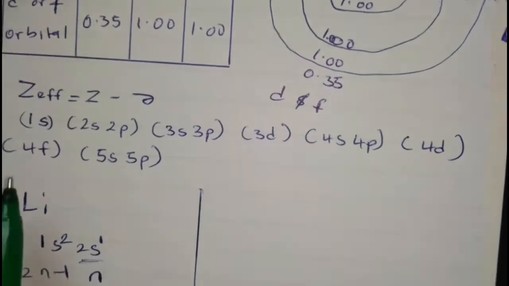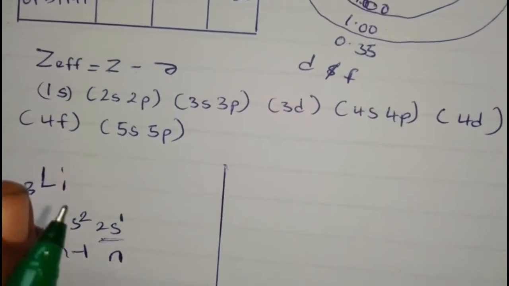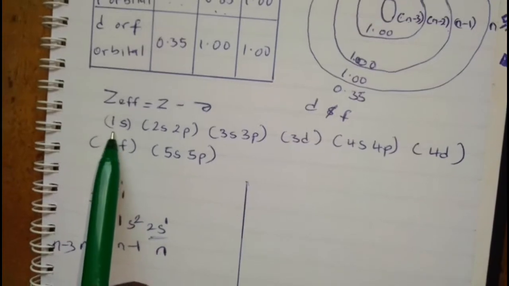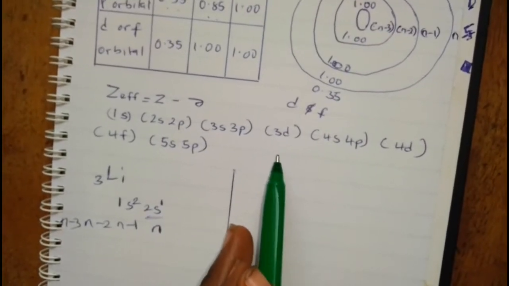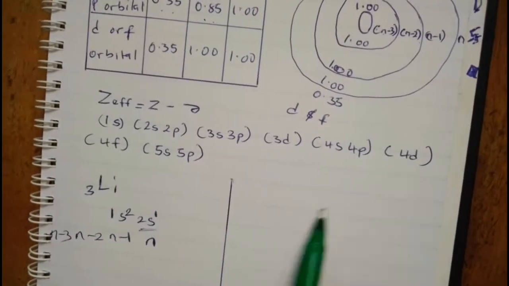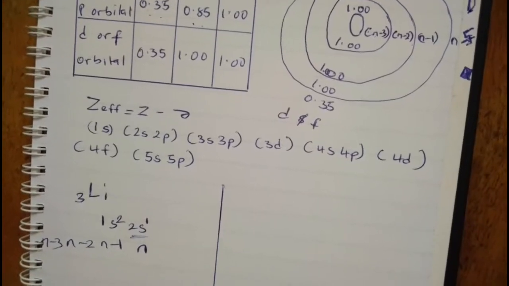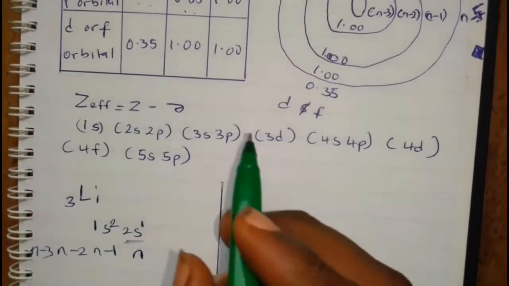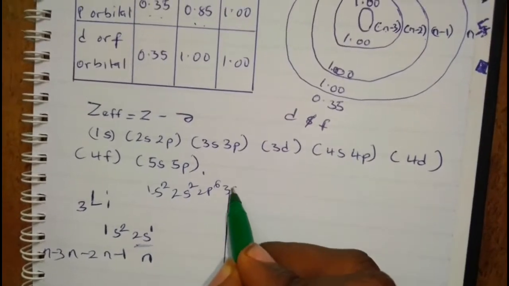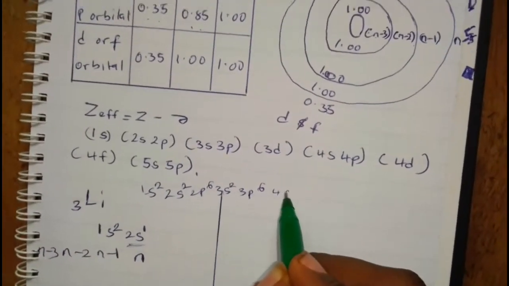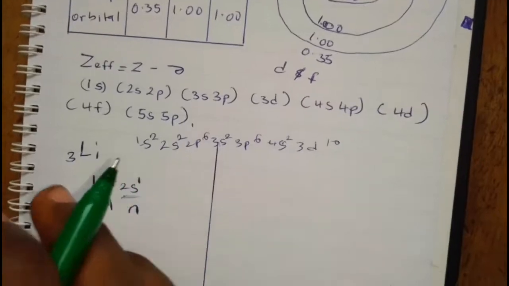Looking at this rule, when you write an electronic configuration, there is a kind of grouping. 1s stands on its own, 2s and 2p are grouped together, 3s and 3p are grouped together, 3d is grouped alone, 4s and 4p are grouped together, 4d is grouped alone, 4f is grouped alone, and 5s and 5p are grouped together. Normally you write 1s2 2s2 2p6 3s2 3p6 4s2 3d10, but here you have to arrange it differently.